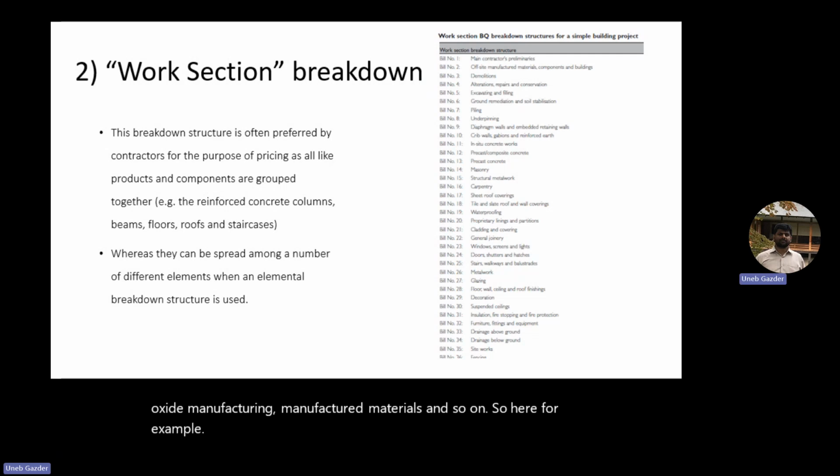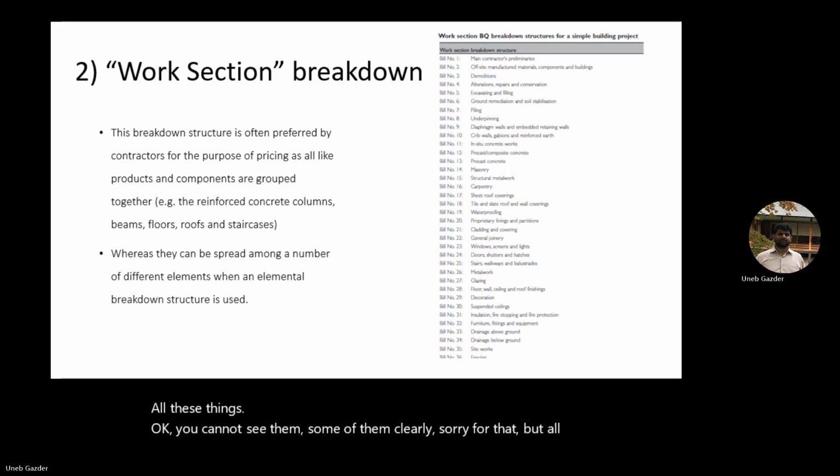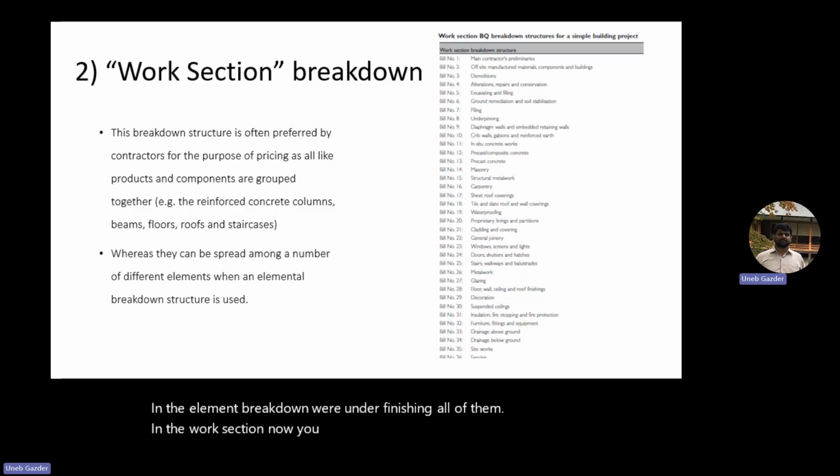All these things in the element breakdown were under finishing, all of them. In the work section, now you see each one of them separately. So this is the main difference here.